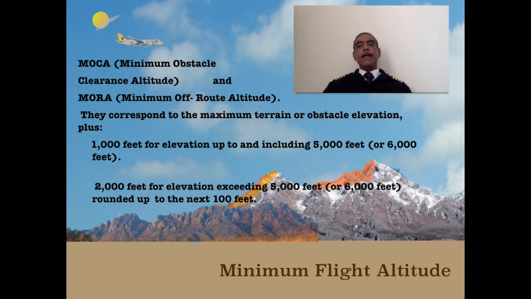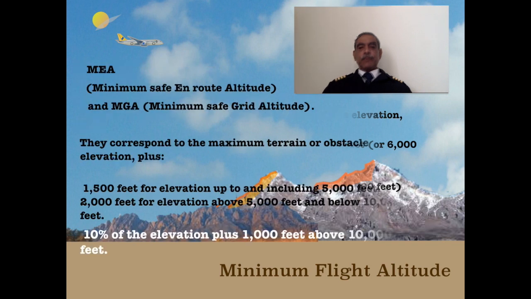Let us understand 1000 feet for elevation up to and including 5000 feet, and 2000 feet for elevations exceeding 5,000 feet, rounded off to the next 100 feet. So that's the requirement of the minimum obstacle clearance and minimum off-route altitude. Or legal requirements or provisions.